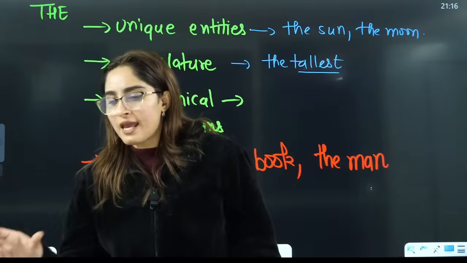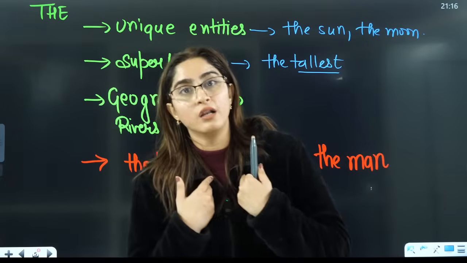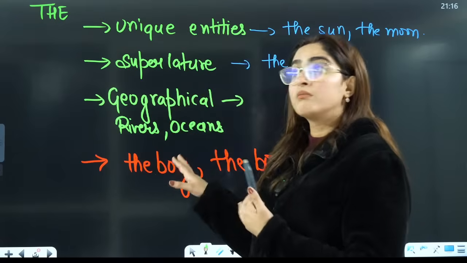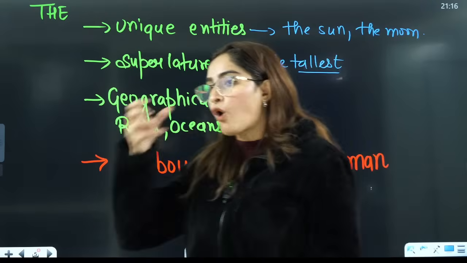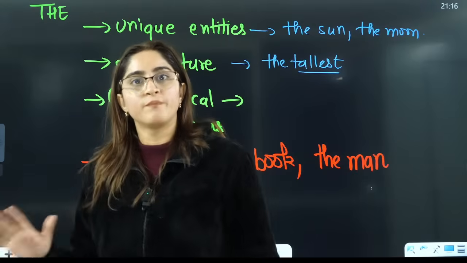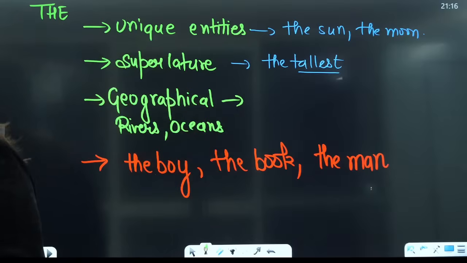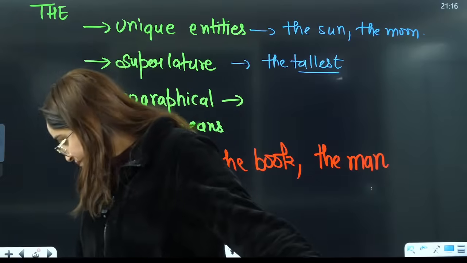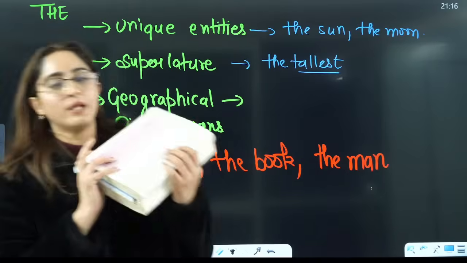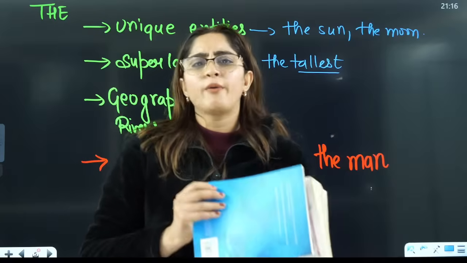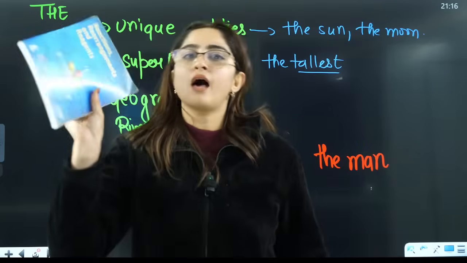But when I say this is the pen, this is the girl, this is the studio or this is the TV, that means I am talking about this specific thing. If you have so many books here and you're talking about those books, then I'll say this is a book.